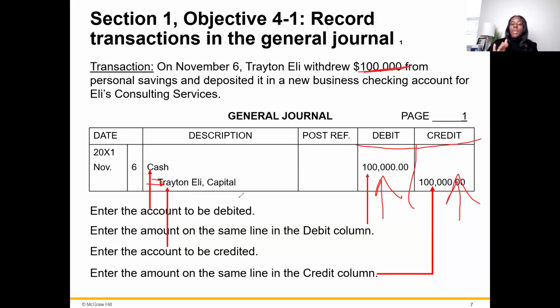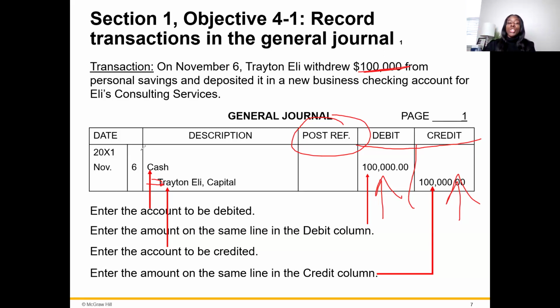There is a 4th element that's not here, but it's called the description. The description lets you know what's going on in this journal entry or transaction. And then we have the 5th element called the post reference, which is going to be filled in after we post to our general ledger. So there are 5 elements.